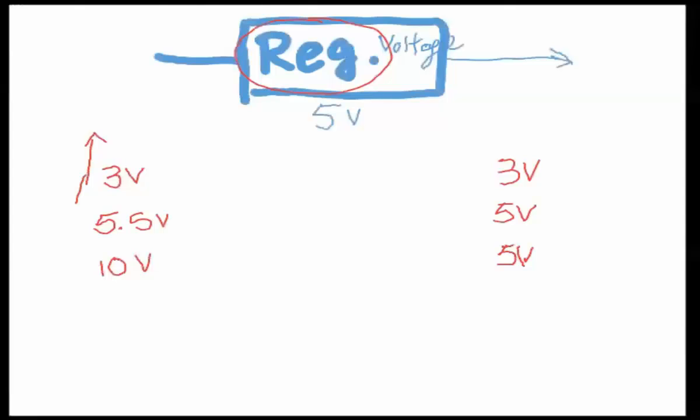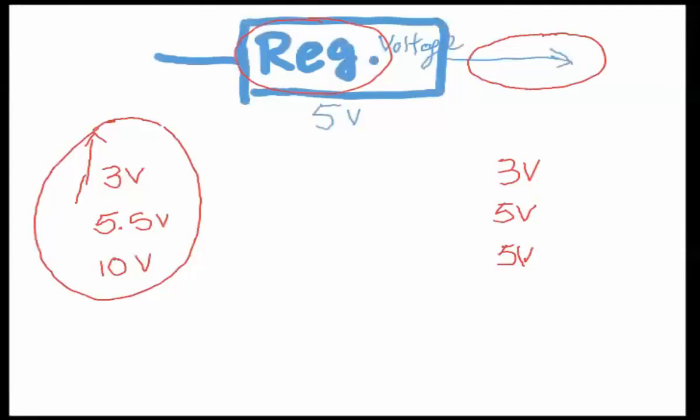So no matter what happens, no matter if there are changes at the input, changes on the load, or the external temperature the device is operating in, under any circumstance, a Zener diode or a regulator should maintain its regulated voltage, whatever it is designed for. If it's 5 volts, it's going to maintain 5 volts. If it is 50 volts, it's designed to maintain 50 volts.